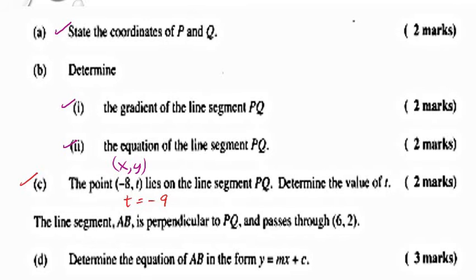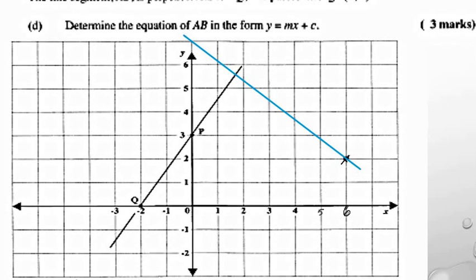Determine the equation of AB in the form y is equal to mx plus c. So this is the point, 6 on the x, 2 on the y. So this is the point (6, 2). This is the line here now, AB.